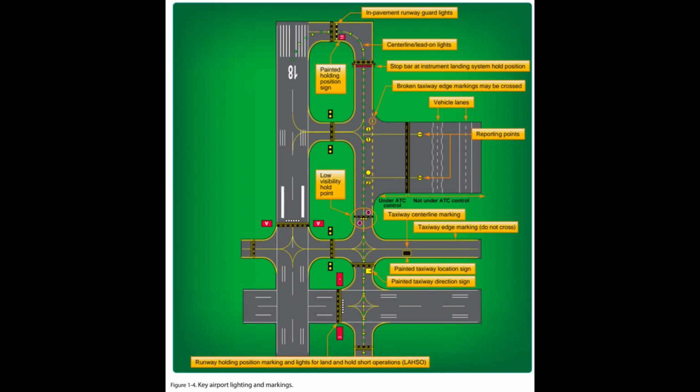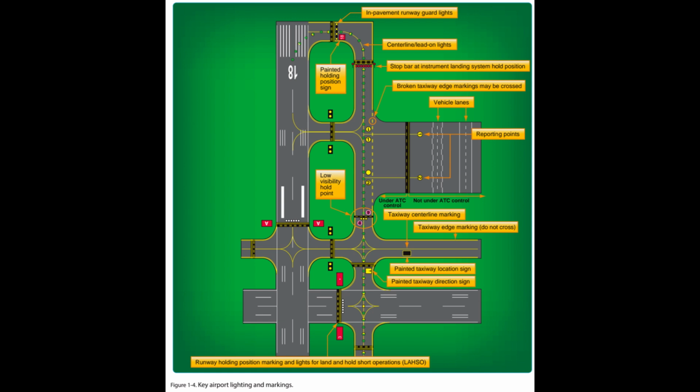The SMGCS Low Visibility Taxi Plan includes the enhancement of taxiway and runway signs, markings, and lighting, as well as the creation of SMGCS visual aid diagrams. Figure 1.4. The plan also clearly identifies taxi routes and their supporting facilities and equipment.